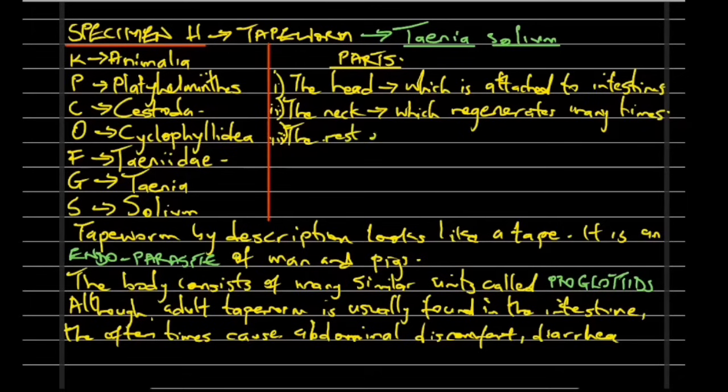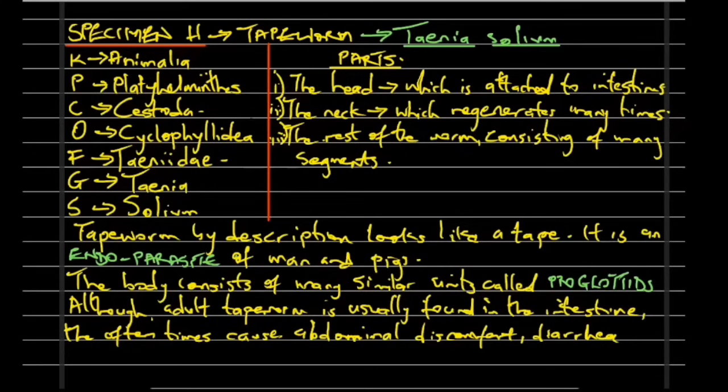That's the rest of the worm, which consists of many segments. And it is all of these parts that are called the proglottids.